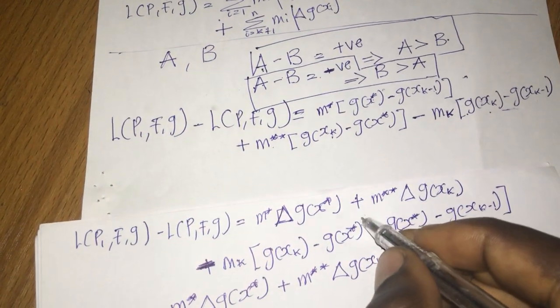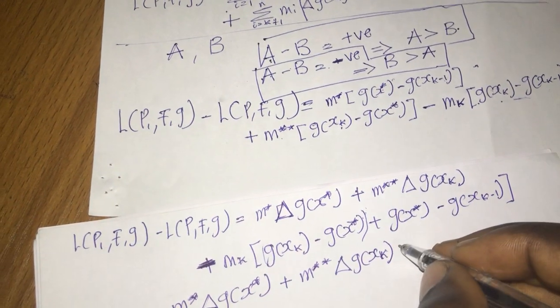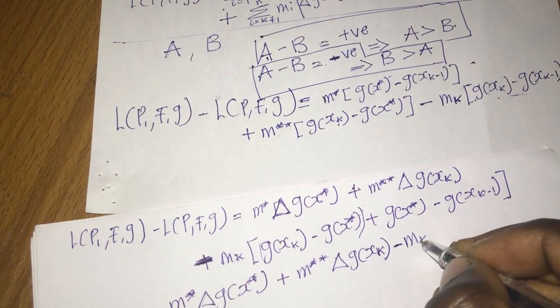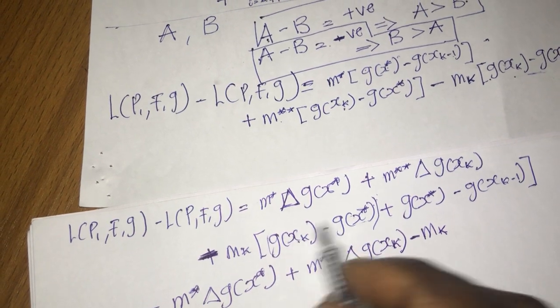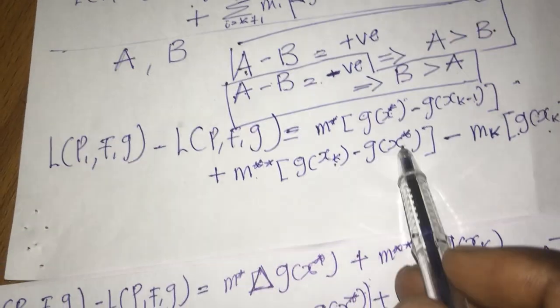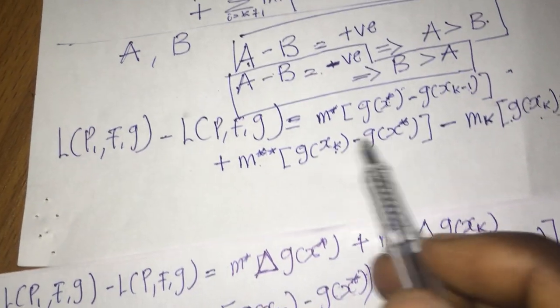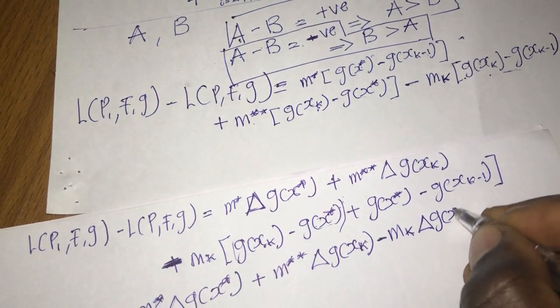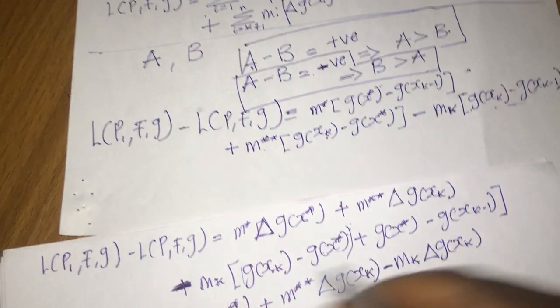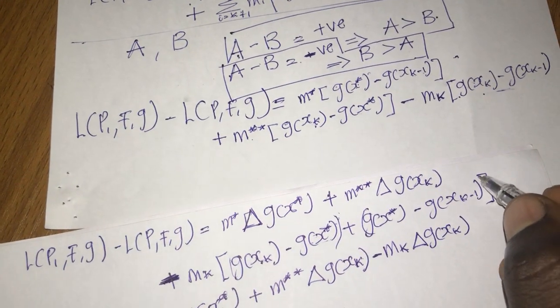Look at, if you bracket it like this now, we are going to have minus MK. I know this one is what? This kind of range here. We already defined it here. Look at, to be what? Delta GS. Look at delta GXK. Do you understand? So look at this.